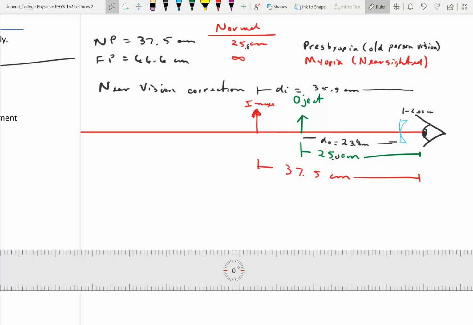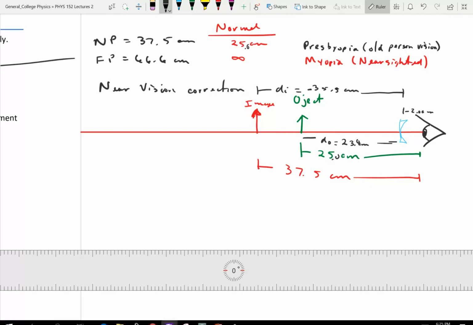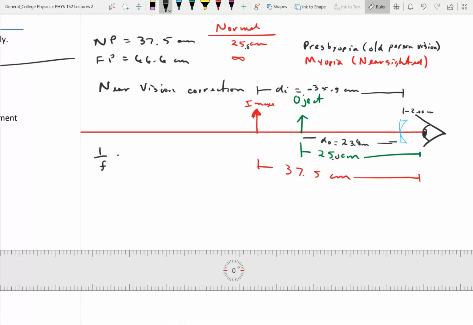The astute student right now is saying not so fast. Not so fast because the image is on the same side as the object, which means it's a negative image distance. So now that I have that laid out, 1 over f is equal to 1 over distance object plus 1 over distance image is equal to the power of the lens.